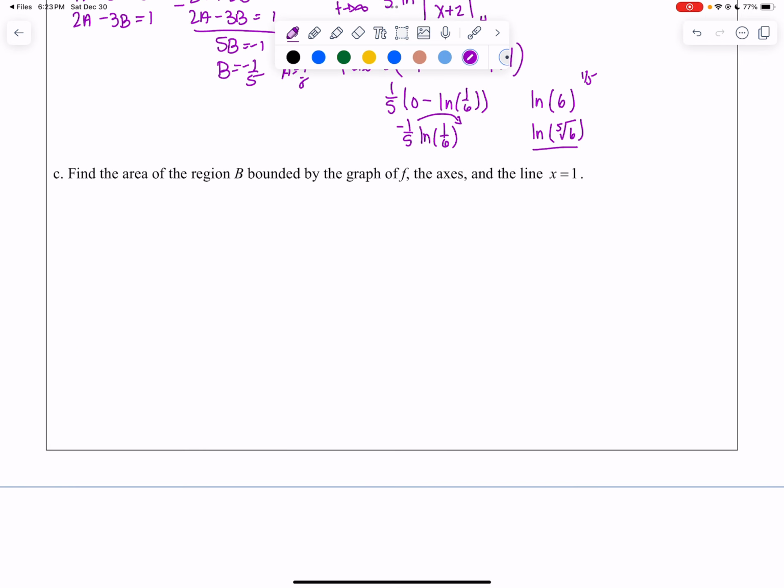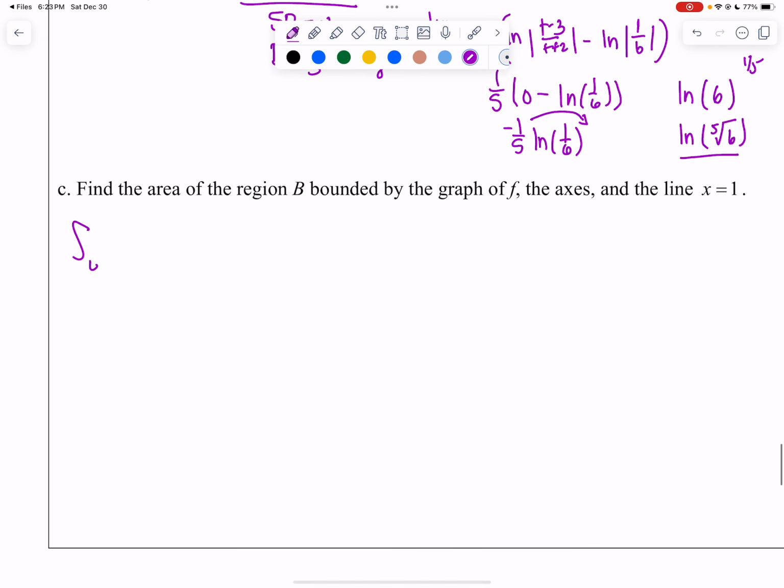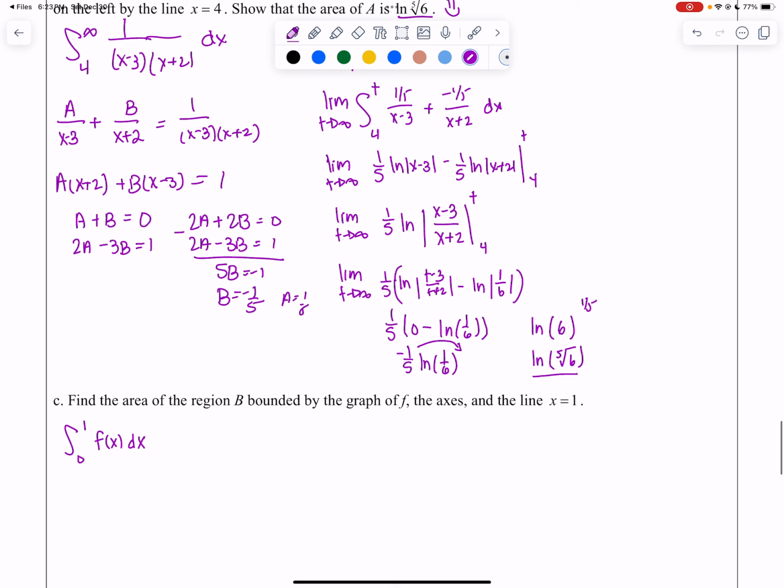All right, part C, so let's find the area of the region B bounded by the graph of f, the x-axis, and the line x is equal to 1. So essentially what we are going to do is find the integral from 0 to 1 of f of x dx. Now, you probably will notice that we're still using the same function, and we don't have any asymptotes here between 0 and 1.